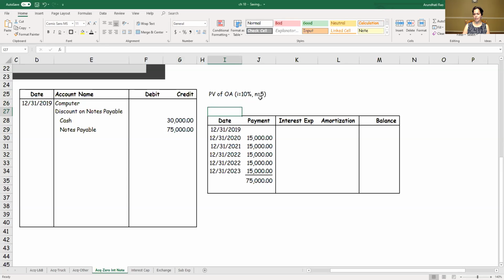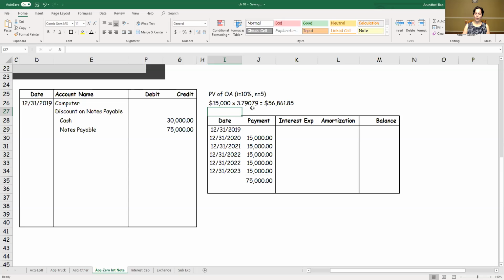The number of payments is 5. 5 payments are going to be made. So when we look up our time value of money table, the discount factor I have is 3.79079. Multiply that by 15,000, you arrive at 56,861.85. I'm keeping it to 2 decimal places because that's what the problem asked me to do.